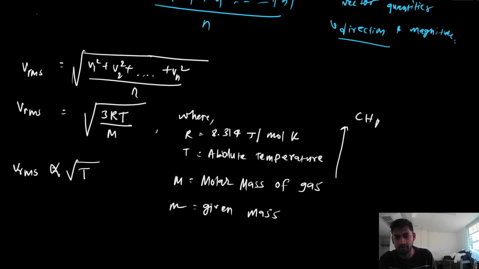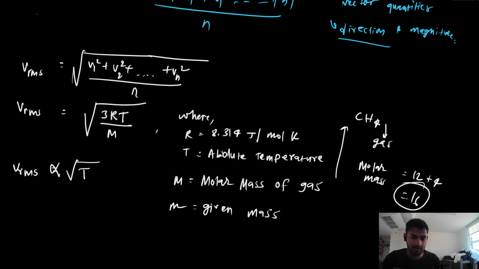For example, if CH4 is the gas molecule that we consider, then its molar mass would be, for carbon, atomic number 6, its mass is 12, and hydrogen is 1 times 4. Since there are 4, the molar mass would be 16 grams. So this is what I'm referring to when I say molar mass, and a problem might have given mass, say 4 grams only of CH4.